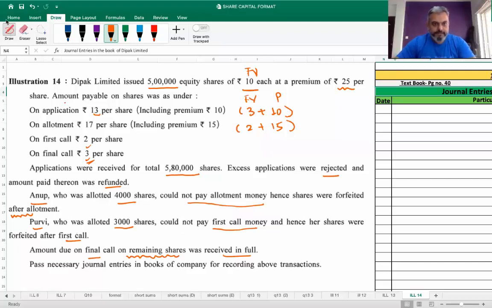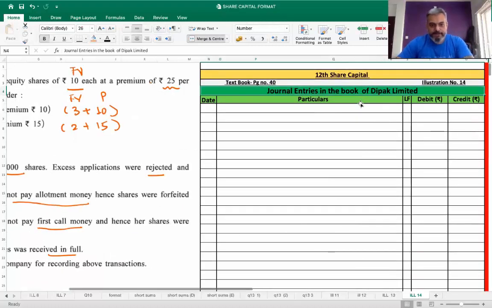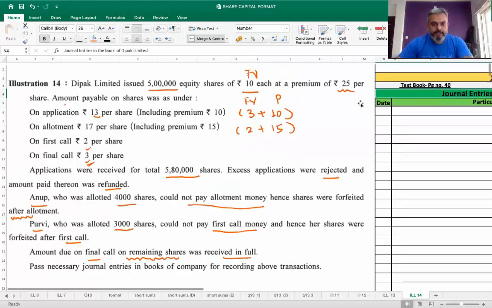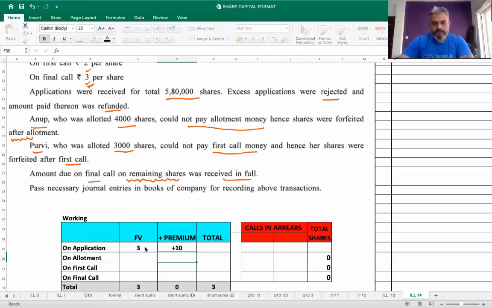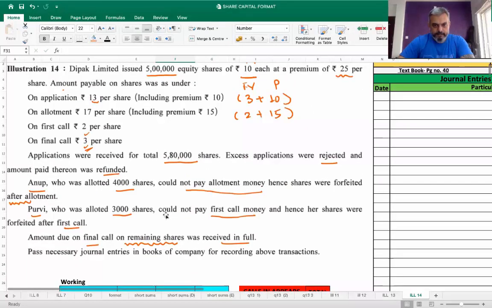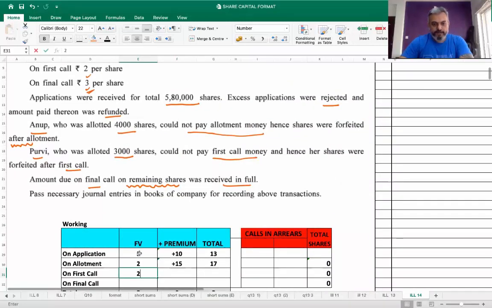So let's start. Write the heading: journal entries in the books of Deepak Limited. Let's do the working. So application is 3 plus 10, comes to 13. Allotment is 2 plus 15, it comes to 17. First call is 2 per share and final call is 3 per share.